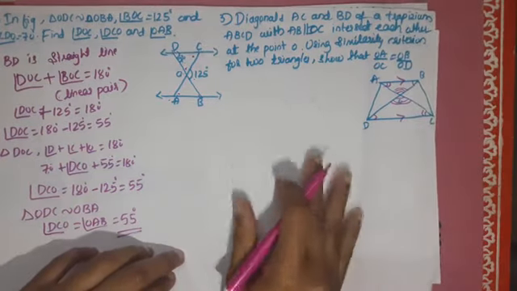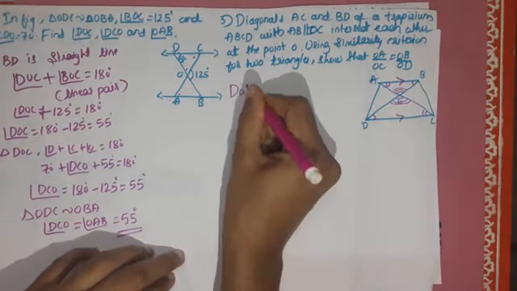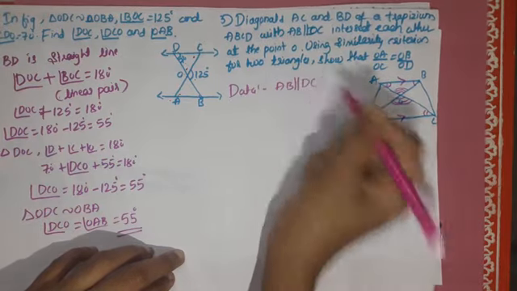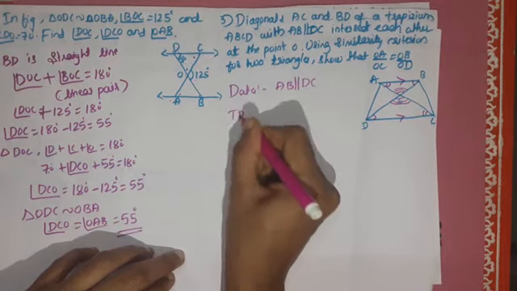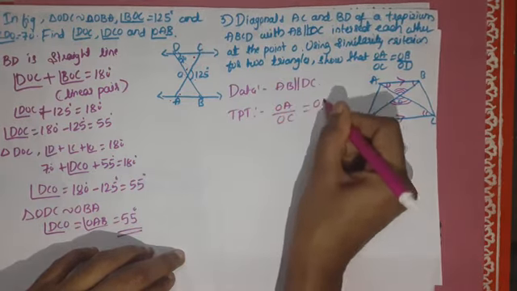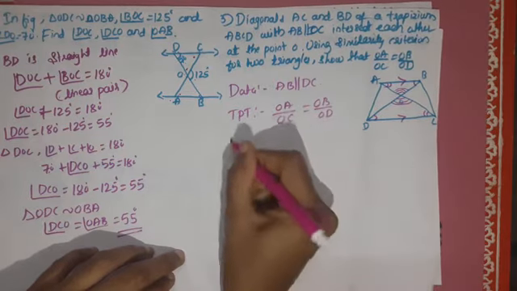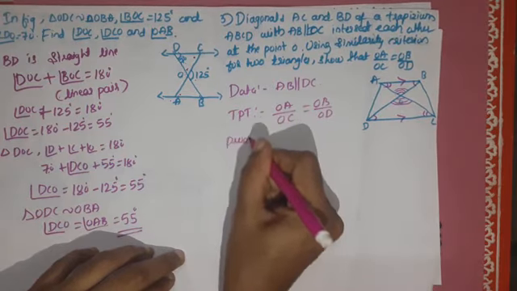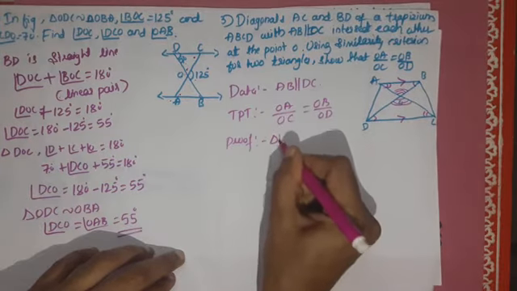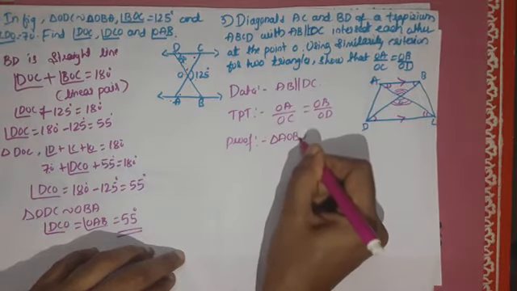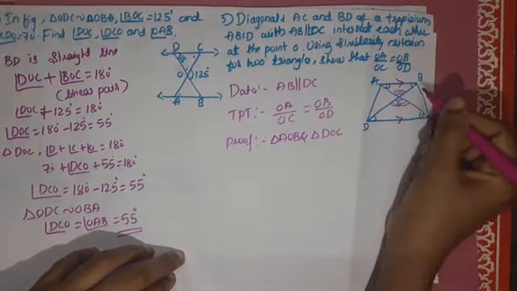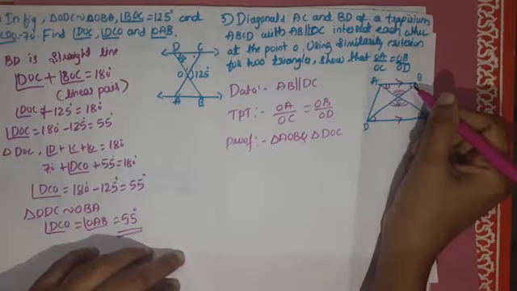The data they have given is AB is parallel to DC. What we need to prove is that OA by OC equals OB by OD. In proof, in these two triangles, AOB and DOC, I first write the alternate angles.